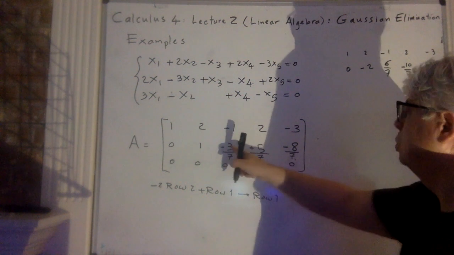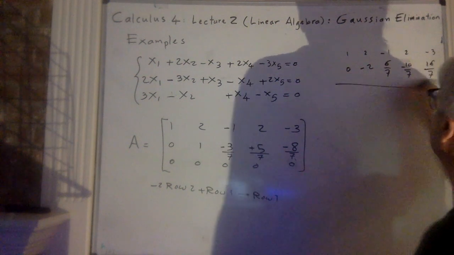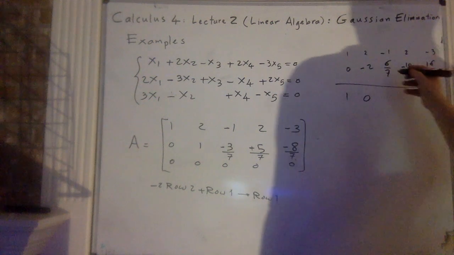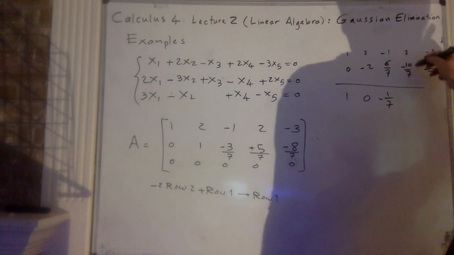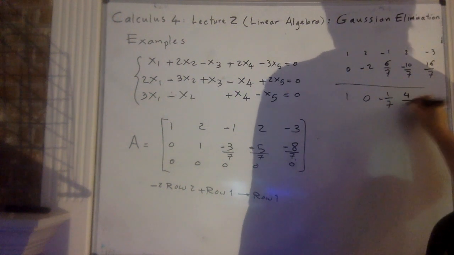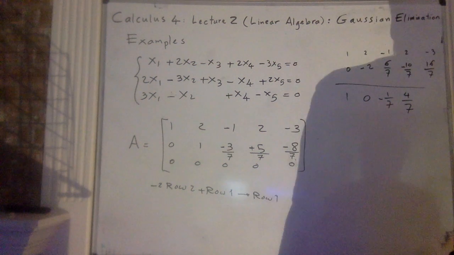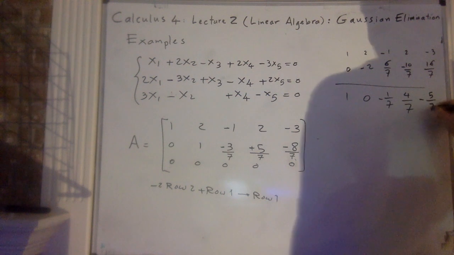So minus 2, that's 6, that's minus 10, and that's 16. So I will get 1, 0, and that is minus 1 over 7, I guess, and this will be 14, that is 4 over 7, and that's 21, minus 21, 16, that is minus 5 over 7.